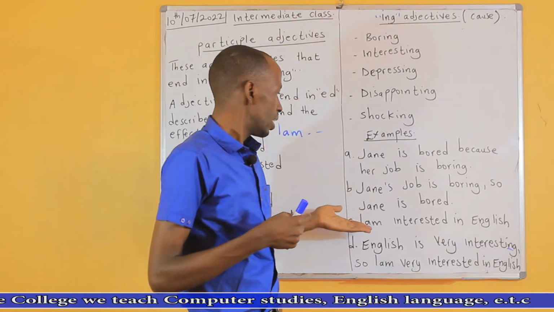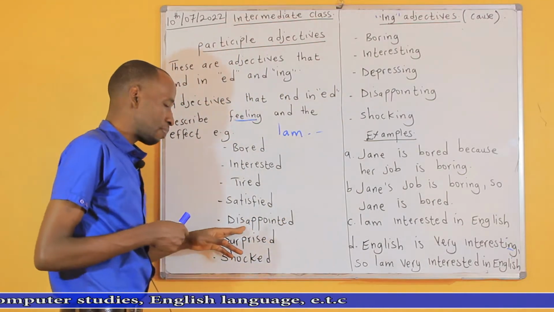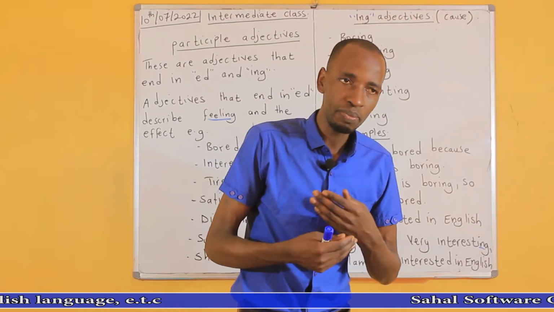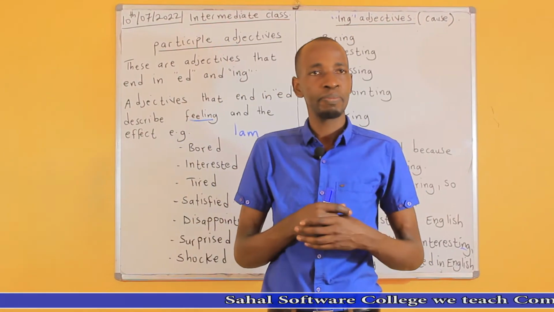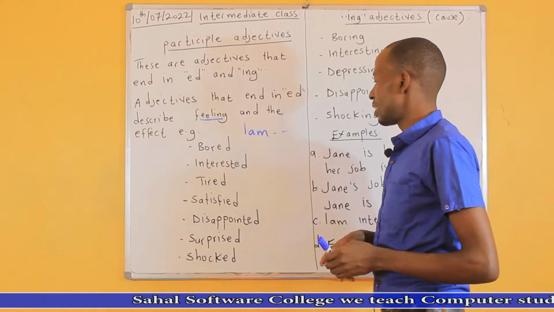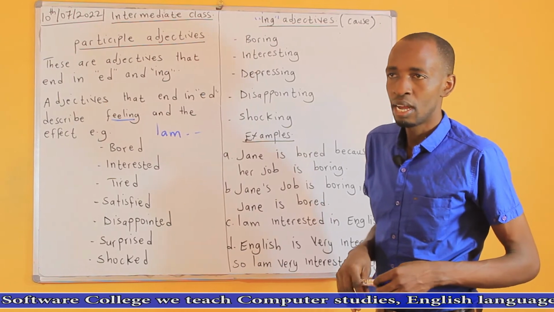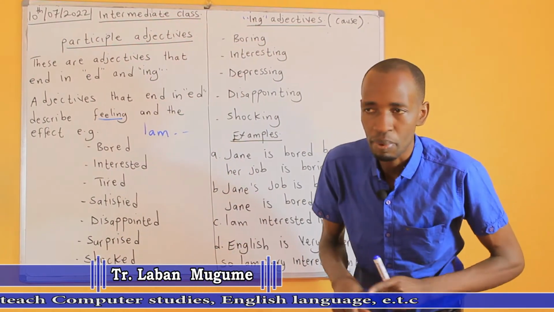But if I say, Teacher Laban is disappointing, it means every time he is not consistent. So I can describe him and I can say he is a disappointing person.